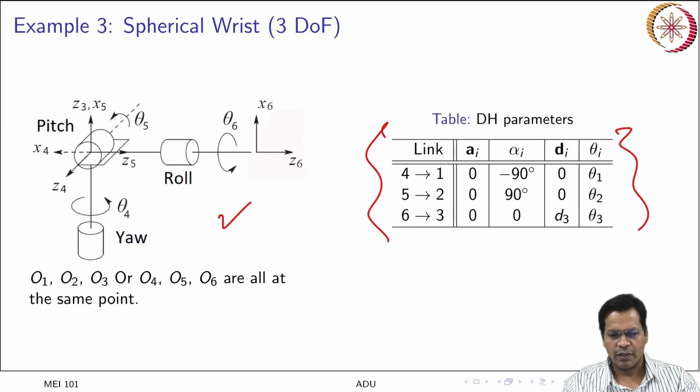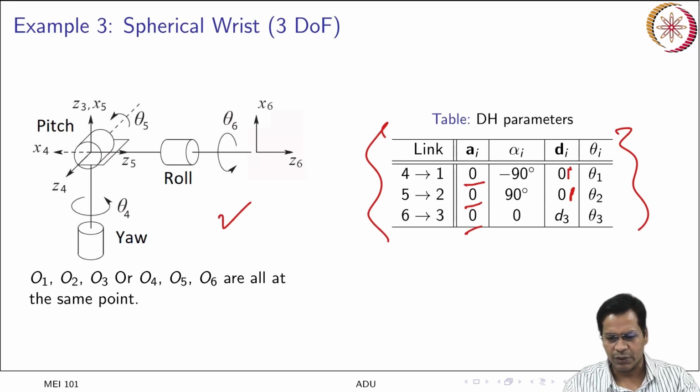So there is no a_i because all the joint axes are intersecting. If they are intersecting, there is no distance between them, so link lengths are 0. Also d1 and d2 are 0, because the distance traveled along the Z axis is also 0.